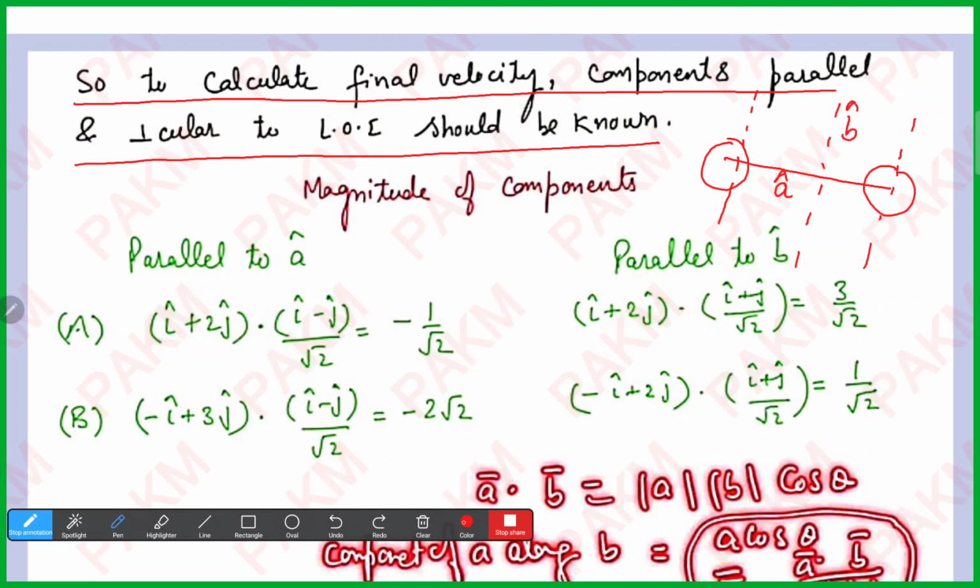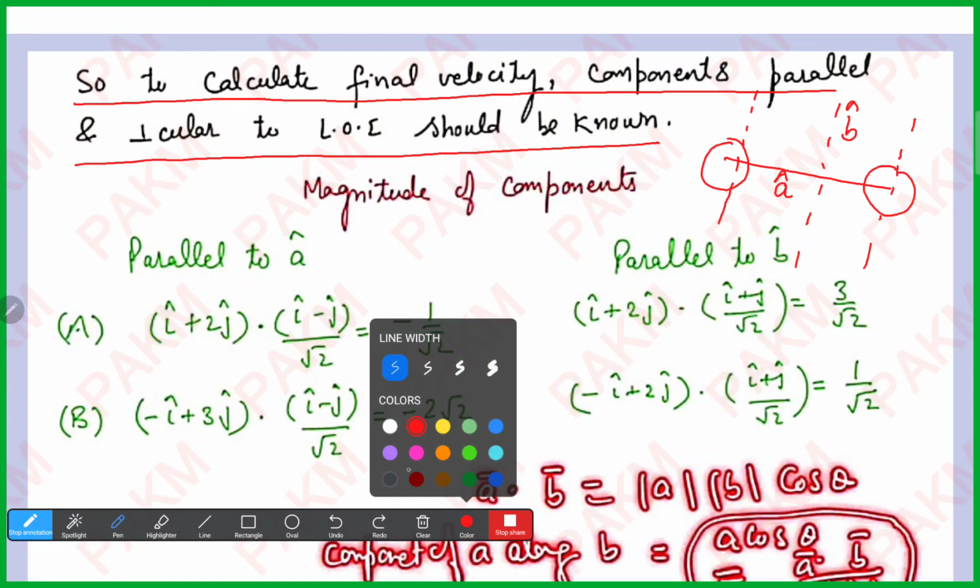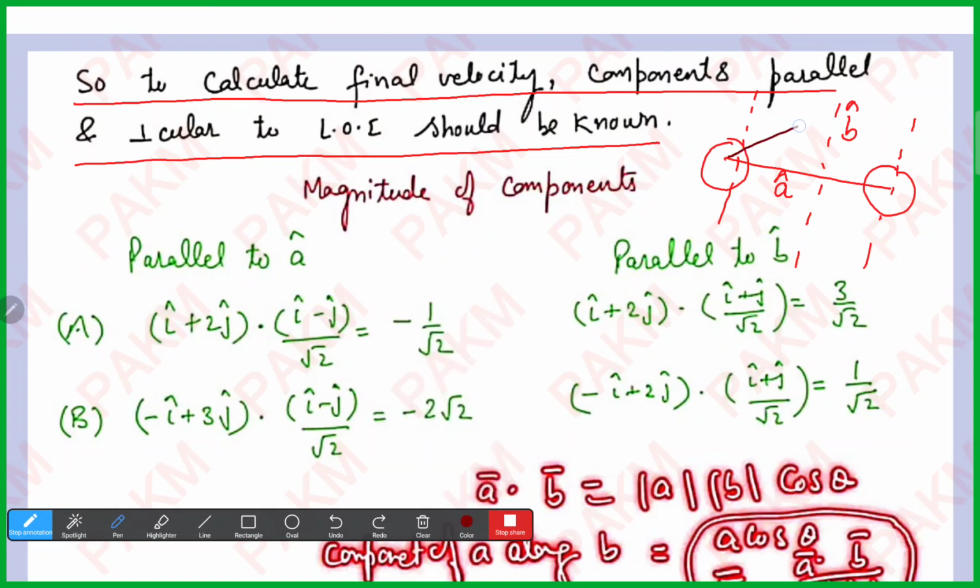Let's take the velocities in any random direction. Let's say this is v1 and this is v2, and these are the initial velocities, so let's consider them as u1 and u2. The velocities will change after the impact.